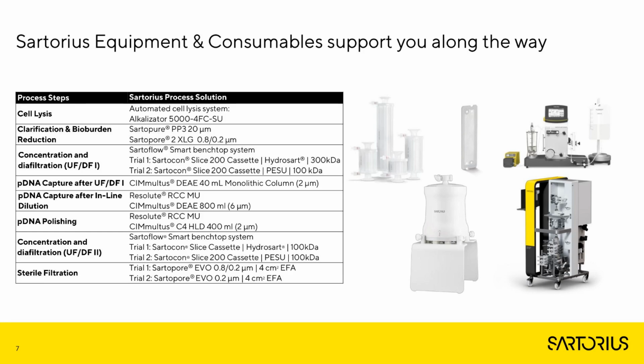I here show a couple of examples, both for lysis, for clarification, for diafiltration, capture, polishing, and so forth. All the tools are at your disposal. It's just about getting them connected in the right way and used under the right conditions.